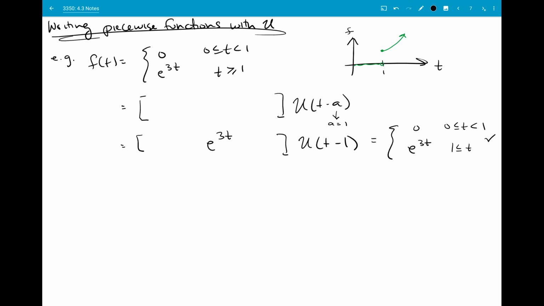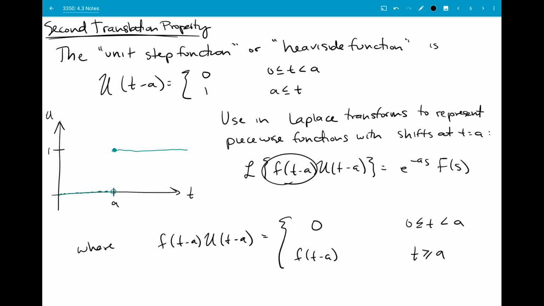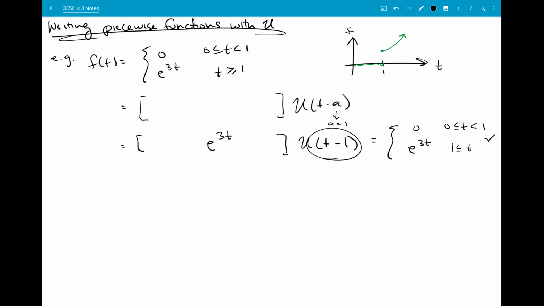So that's correct. That is what I want to have. The only thing is that I need to have f of t minus a whenever I have u of t minus a. Since I have u of t minus 1, what I actually need is for this to look somehow like t minus 1. So I'm not quite done yet. I want to have some kind of f of t minus 1 right there.